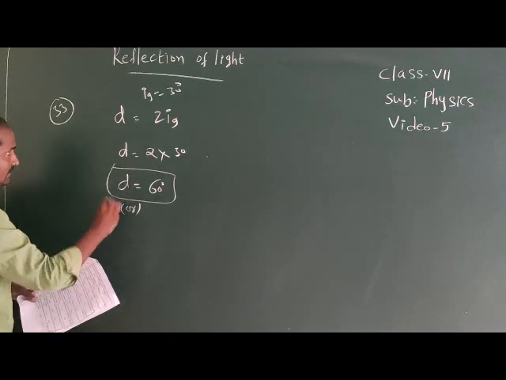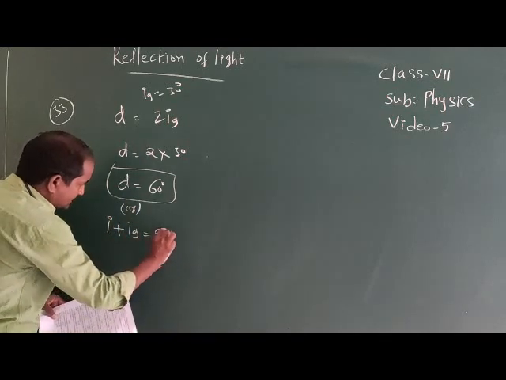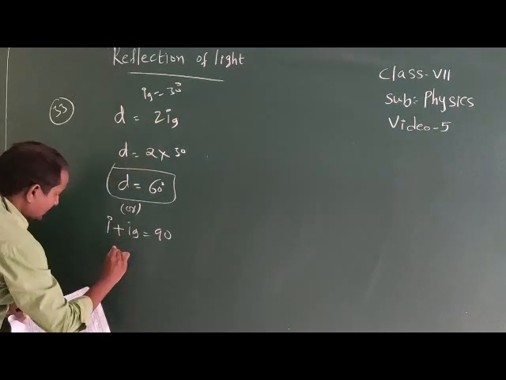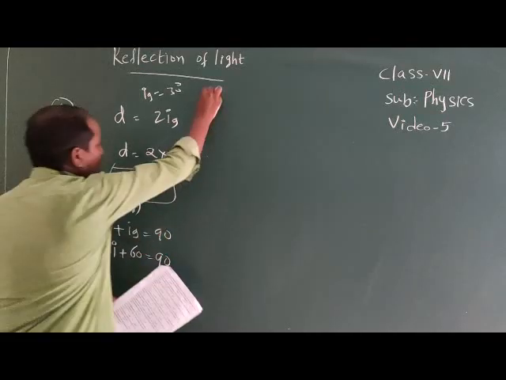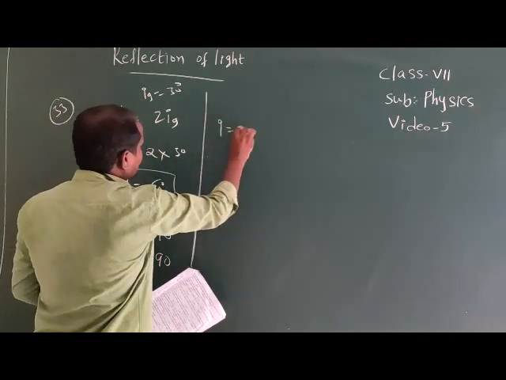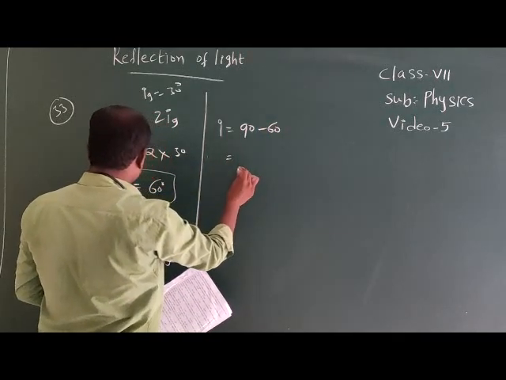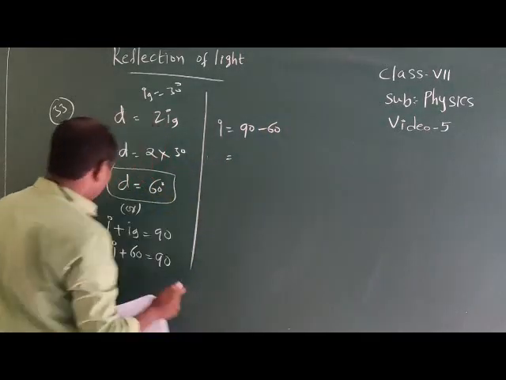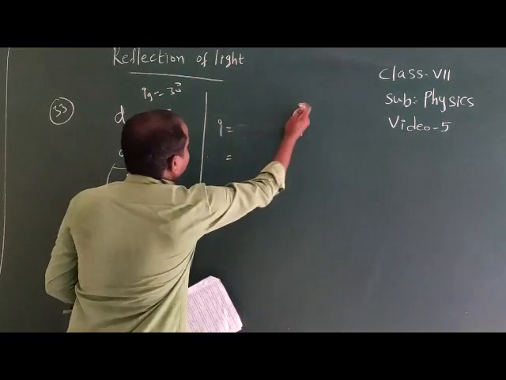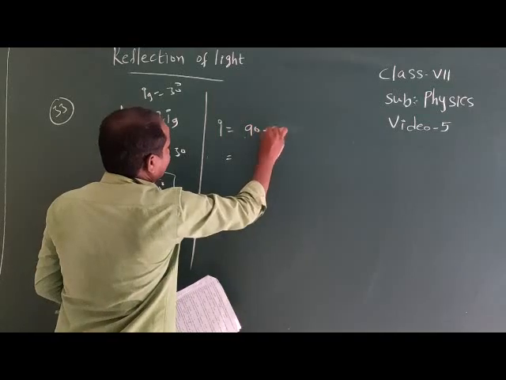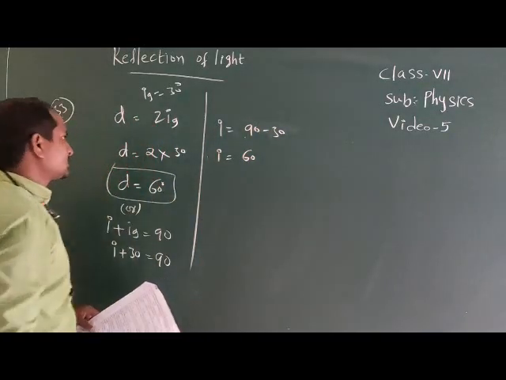Or, I plus IC equals 90 degrees. Sorry, IC is given as 30. So I plus 30 equals 90, therefore I equals 90 minus 30, that equals 60.